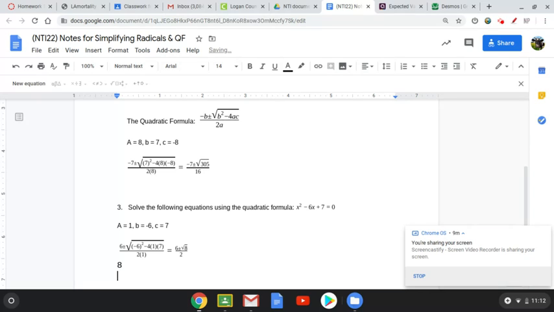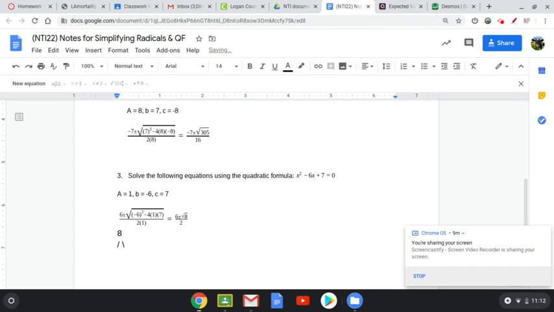So let's think about what goes into 8. Well, 4 and 2 would go into 8. So I'll break it up into 4 and 2. Make that just a little bit prettier. So 4 and 2. Well, I can't break down the 2 anymore, but I can break down the 4. 4 becomes 2 and 2.